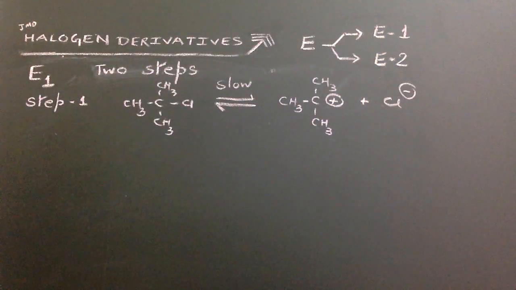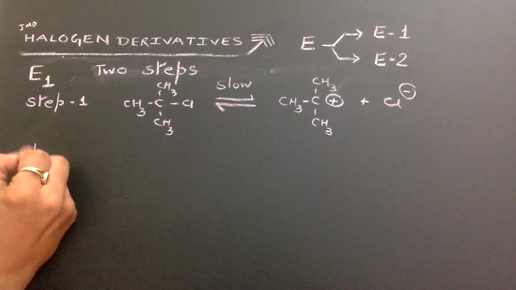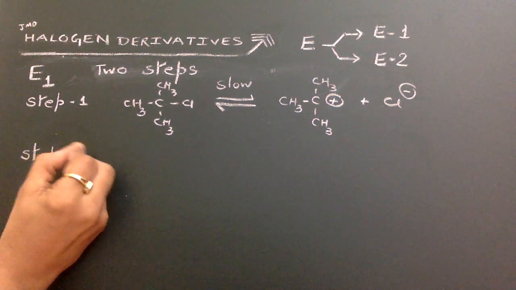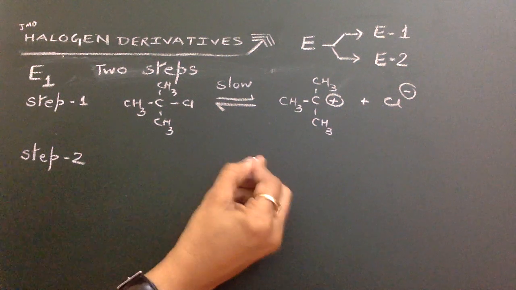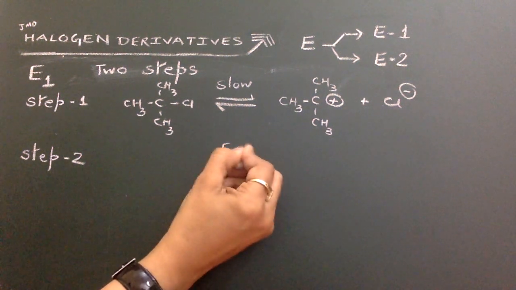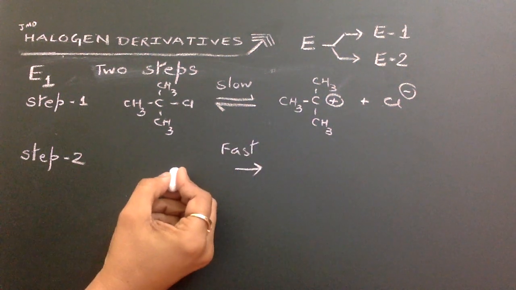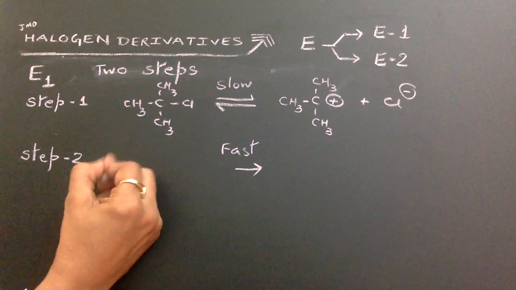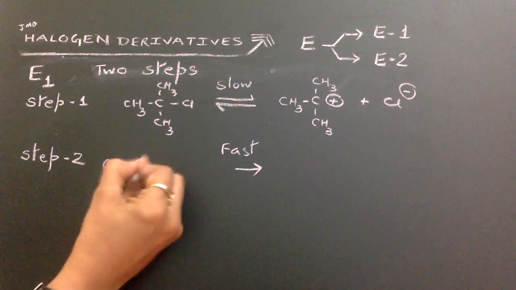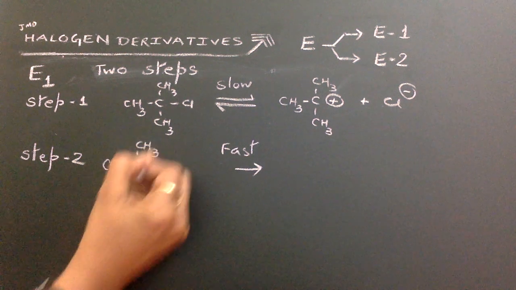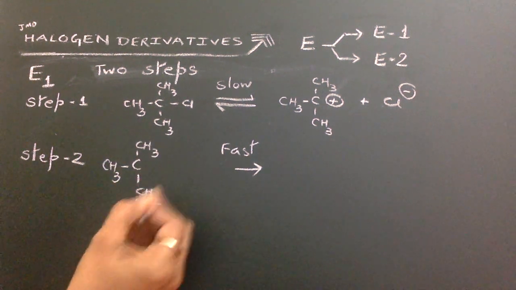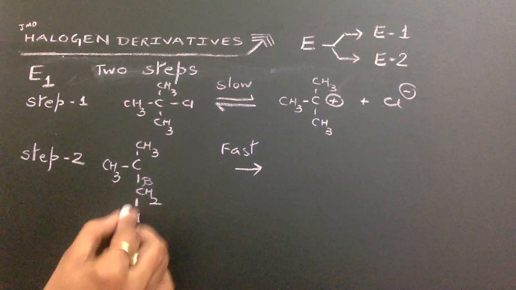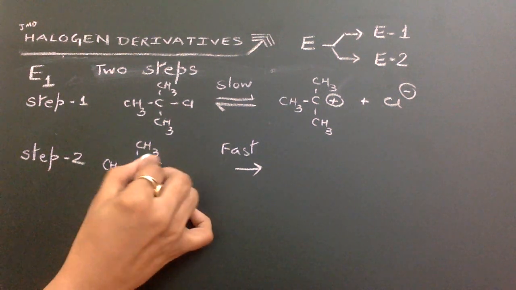This is step 1. In step 2, students, first of all, this is a very fast step. What happens over here is, this tert-butyl carbocation which is formed, I'm just writing one H separately to understand the process. That is, on the beta carbon I've written one H separately, and there's a positive charge on the carbon.